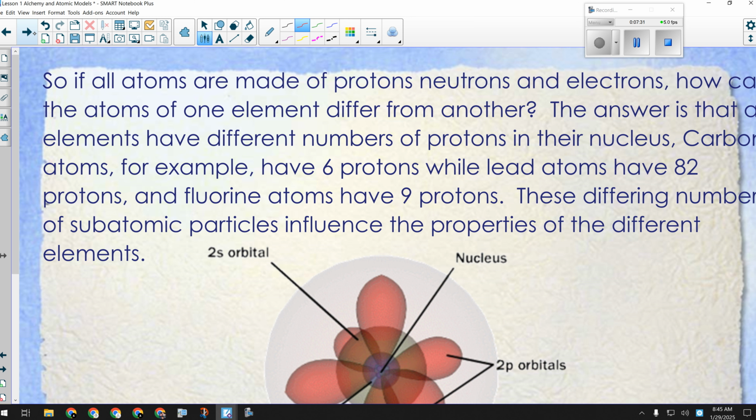And the most important particle of the 3 is the protons. All elements have different numbers of protons in their nucleus, and it is the number of protons that determines both the physical and chemical properties of each element.